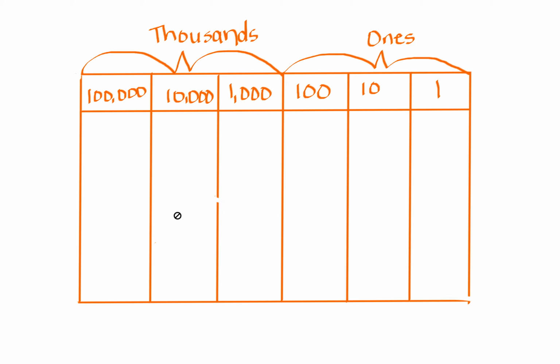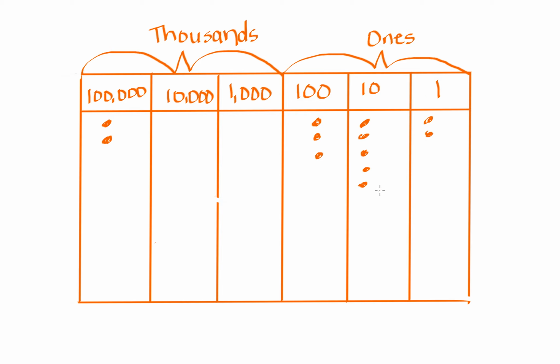So if we have, let's say, 2 here, 3 here, 5 here, and 2 here.